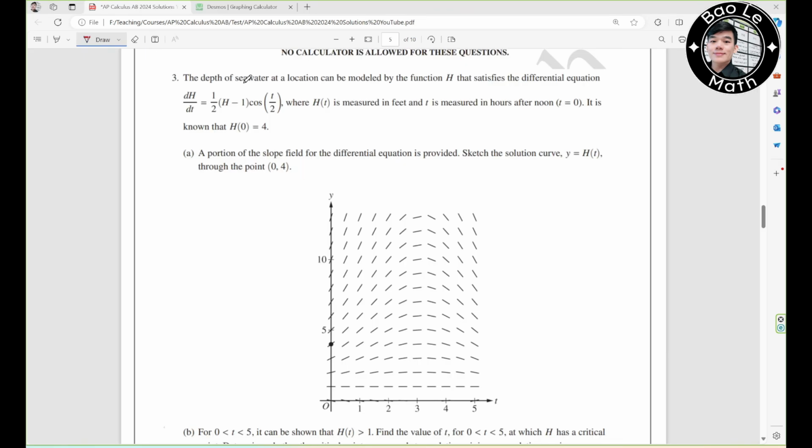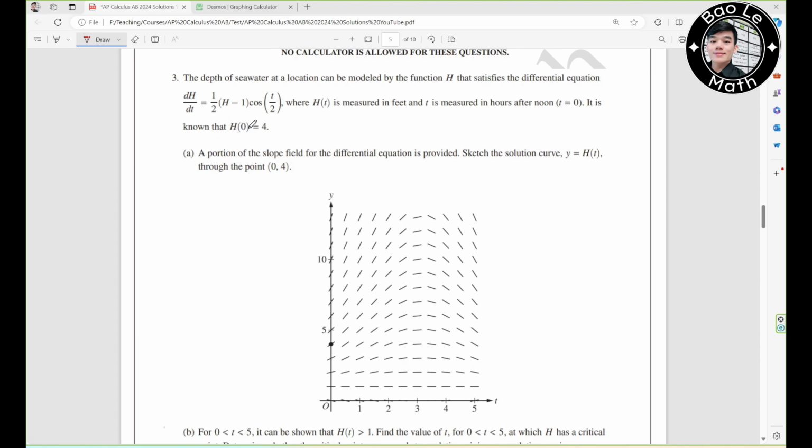The depth of seawater at a location can be modeled by the function h that satisfies the differential equation dh over dt equals 1 half times h minus 1 times cosine of t over 2, where h of t is measured in feet and t is measured in hours after noon at t equals 0.